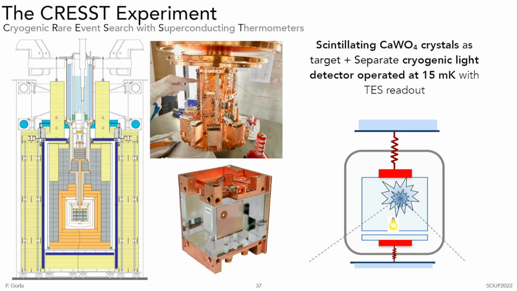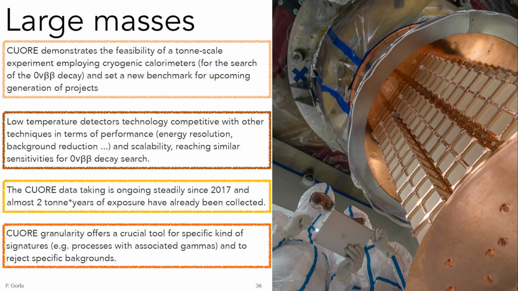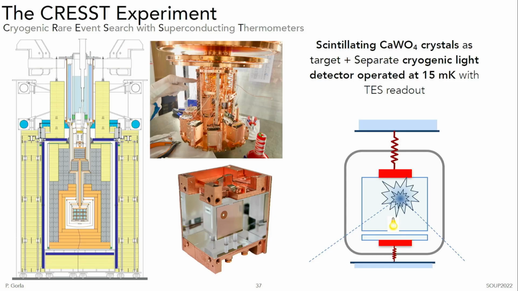On the opposite side, in some way, of the performance, we have the CRESST detector, which is a dark matter searching experiment. I don't know if I mentioned, but Cuore uses NTD germanium phonon sensors. CRESST uses tungsten films deposited on calcium tungstate crystals to search for dark matter.